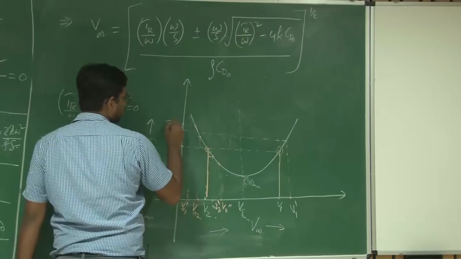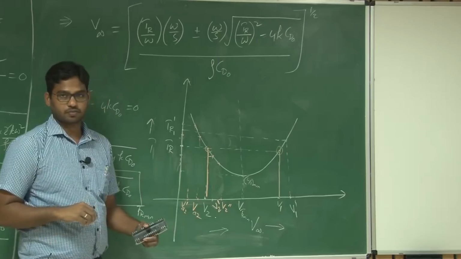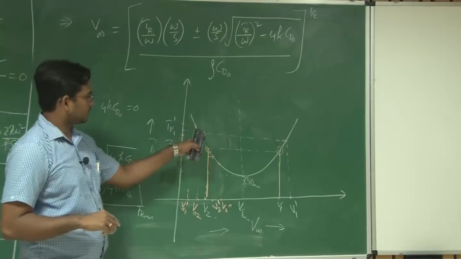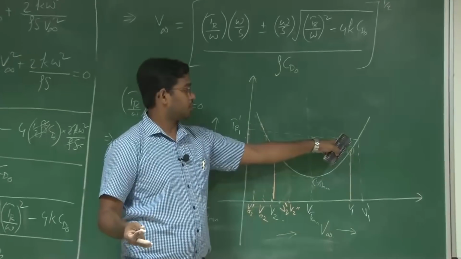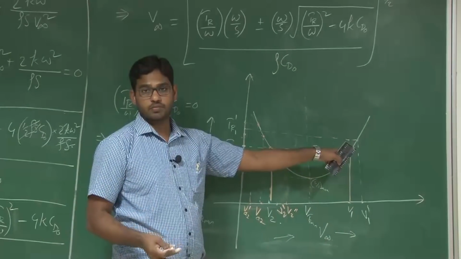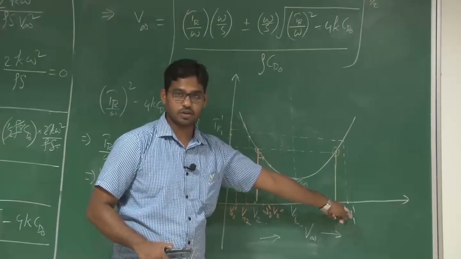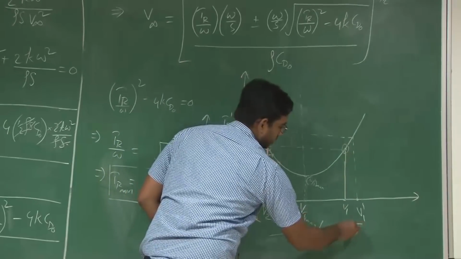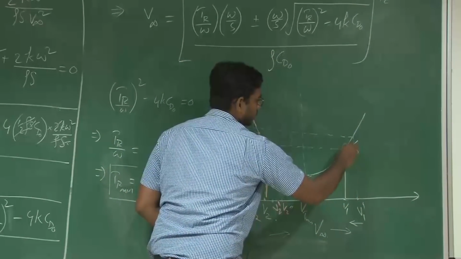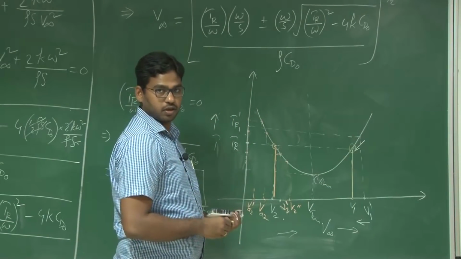Let this be TR1 prime, right? So the thrust requirement increased, and moreover you are not touching the throttle of the system. You are not giving the extra energy to sustain this velocity, right? So the vehicle decelerates. That means the velocity decreases. That means you start coming from this point to this point, right?